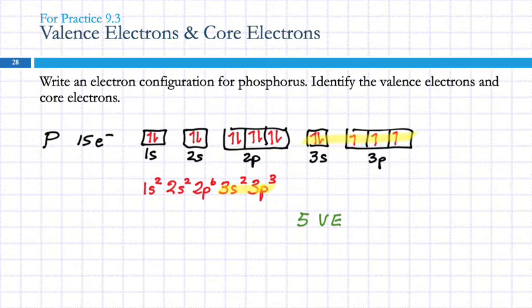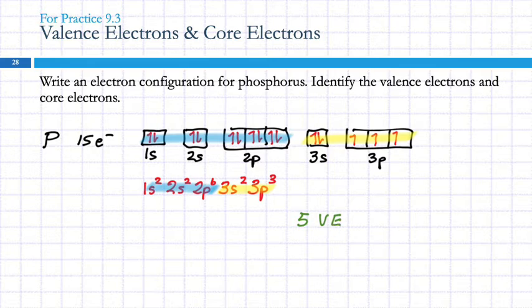What are the core electrons? Everybody else. Let's maybe make them blue. So these are core electrons. When the tornado takes off the highest occupied floor, it's going to leave those guys behind. They're going to be safe. So these are the core electrons.